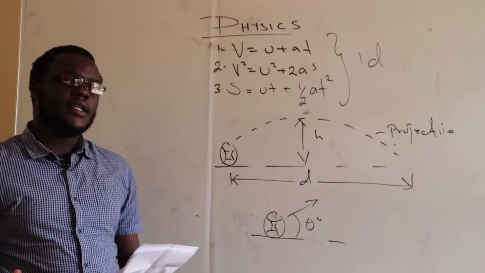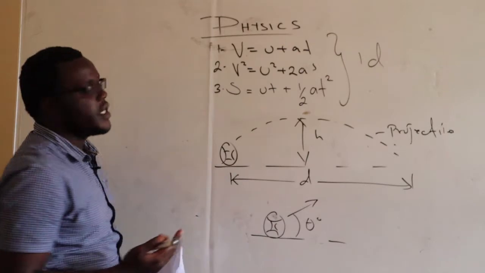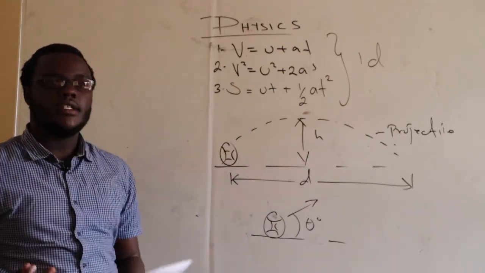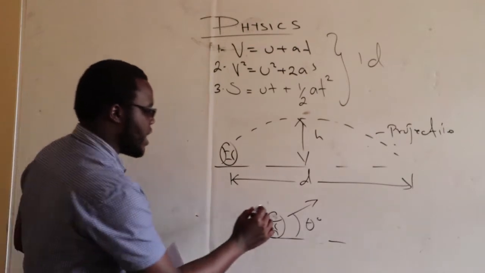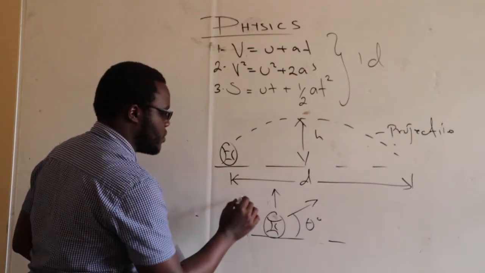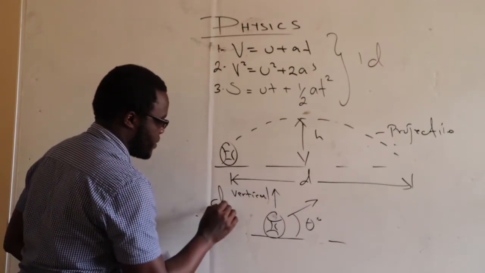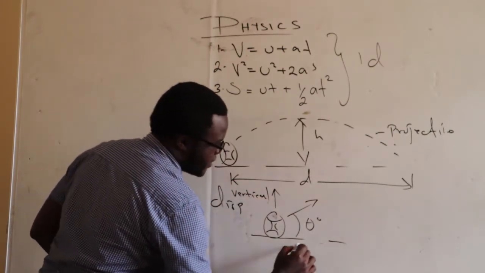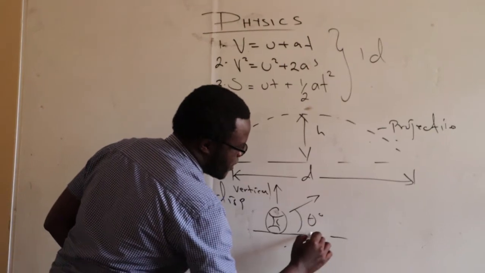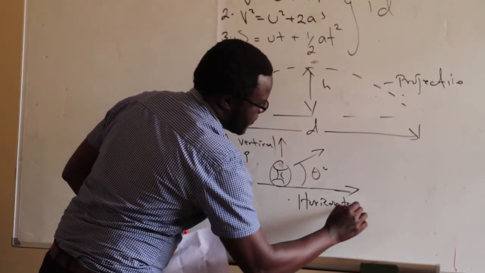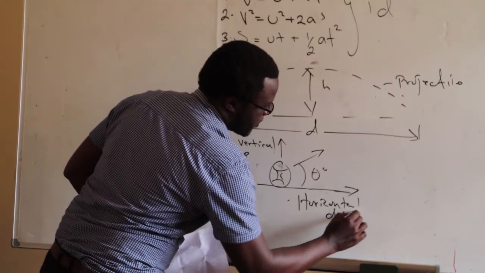If you want to calculate factors like initial velocity, final velocity and acceleration, we divide this motion into two parts. We have the upward motion, the vertical displacement, and the other part, the horizontal displacement.